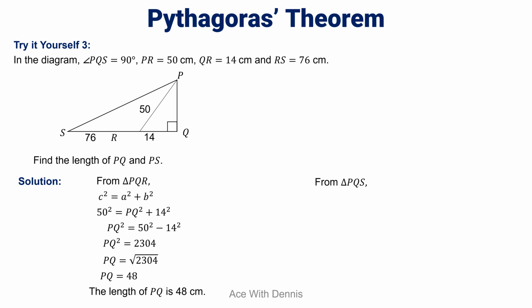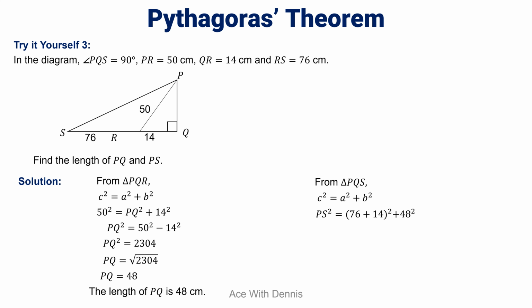Next, to find the length of PS, we need to look at triangle PQS. Hence, from triangle PQS, by applying the Pythagoras Theorem, C squared equals A squared plus B squared, where the hypotenuse is PS, and the length of SQ is 76 plus 14.